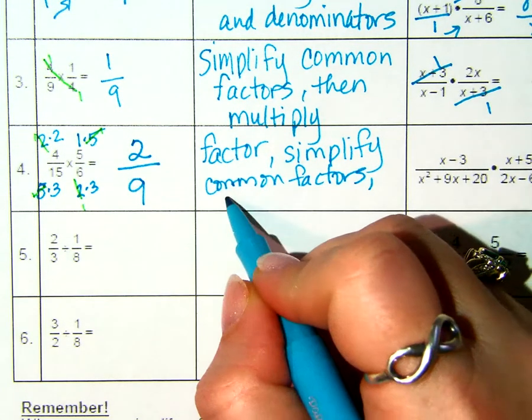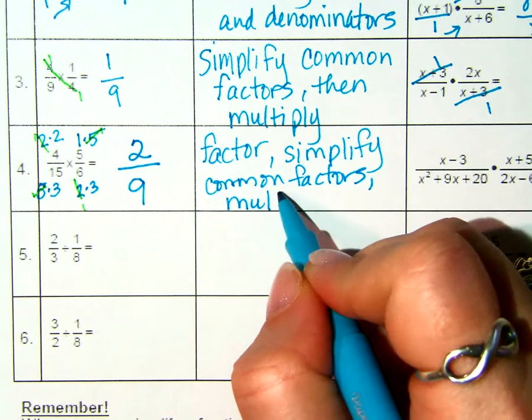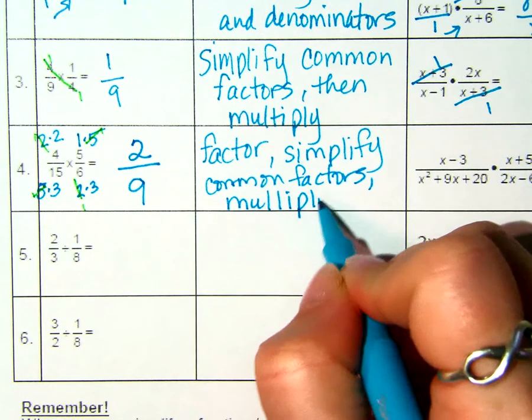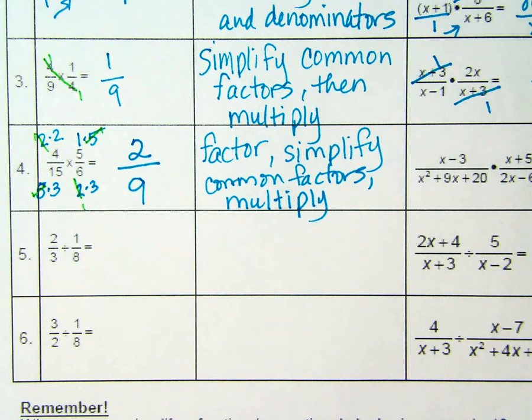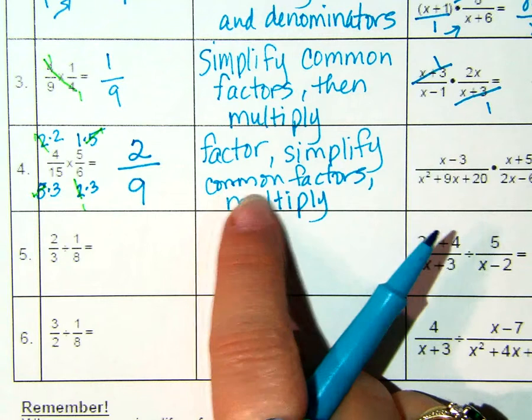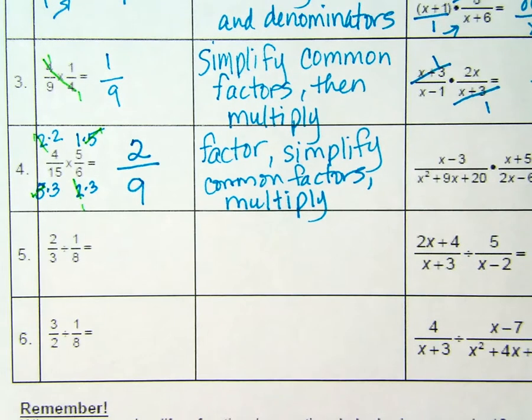And then multiply. My M's look weird. Sorry about that. It does say common, C-O-M-M-O-N.